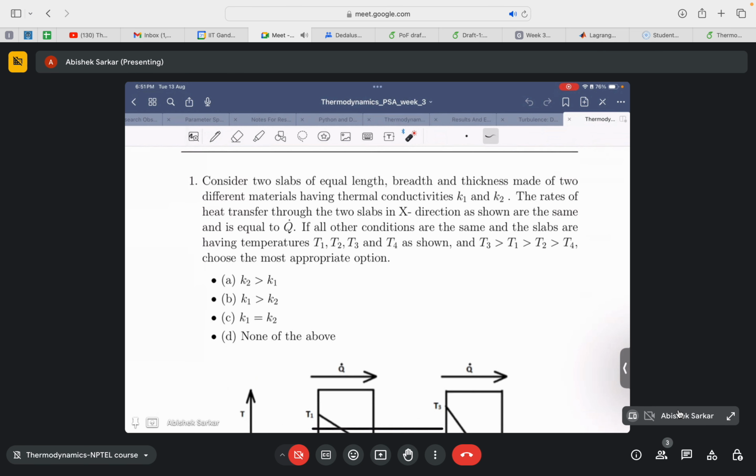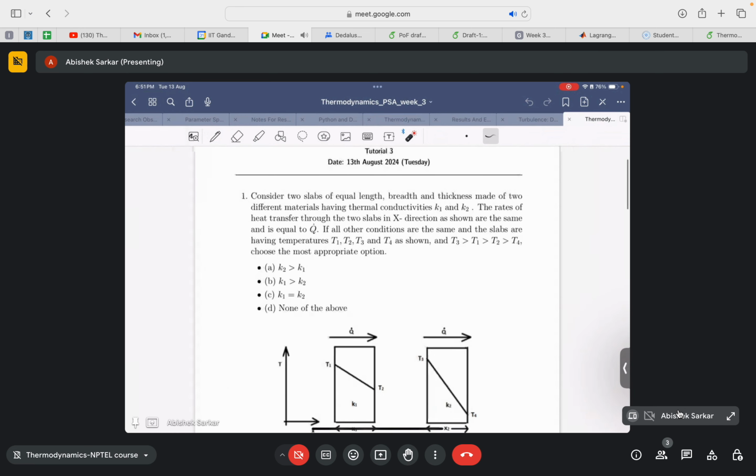You can just go to the first question. Let me zoom out a bit so that you can look at the diagram of the slabs as well.